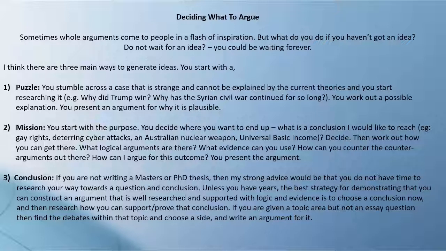You just don't have time to research your way into a problem like an academic can stumble across problems, puzzles in their work, right? But as a student, these days you just don't have time for that. So I think the best strategy is to just choose a conclusion and argue for it, right?